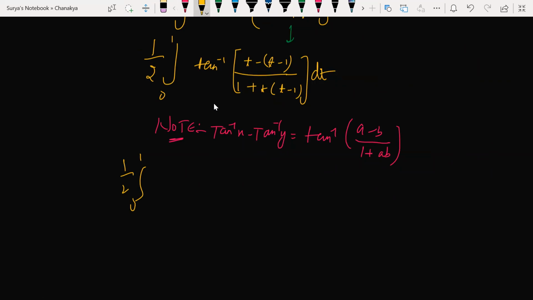So tan inverse of x minus tan inverse of y. What is x? It is t. So let me write directly tan inverse t minus tan inverse of (t minus 1) dt.